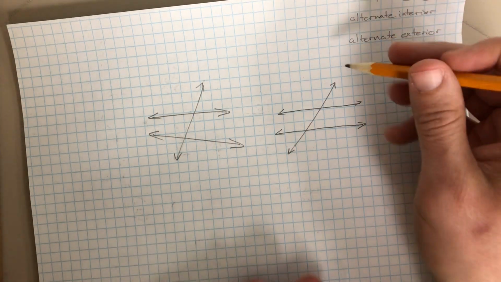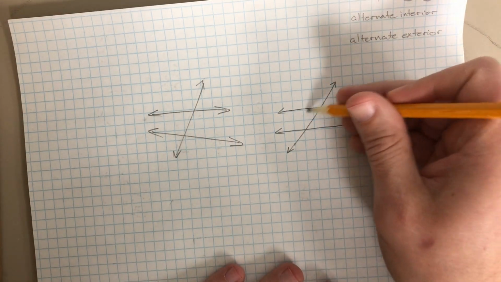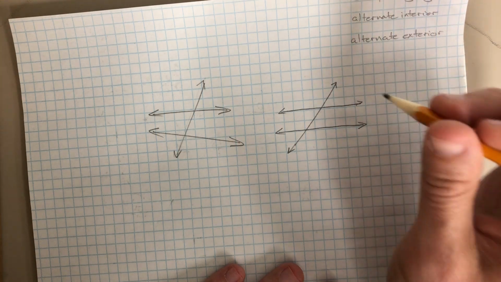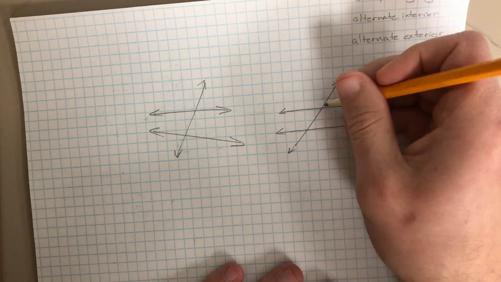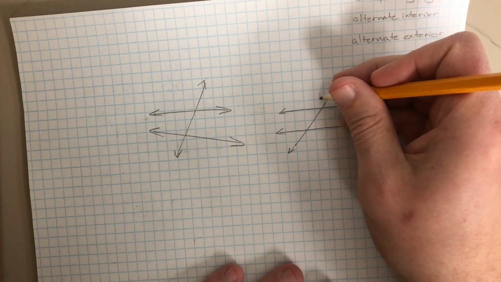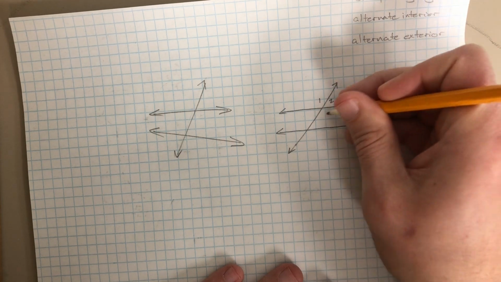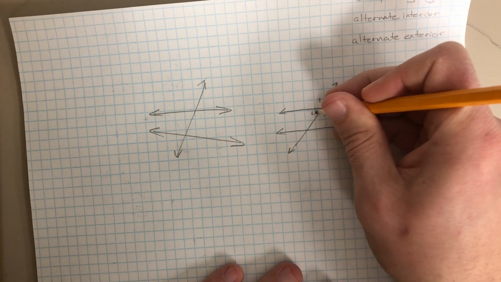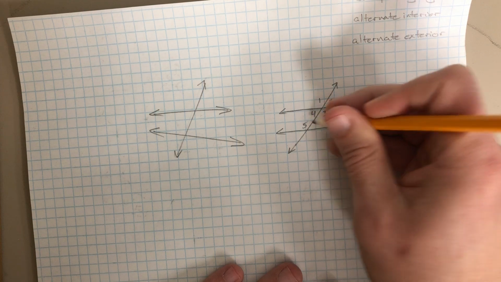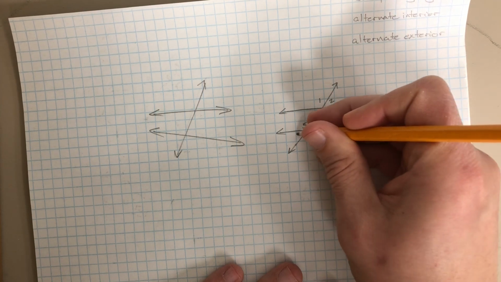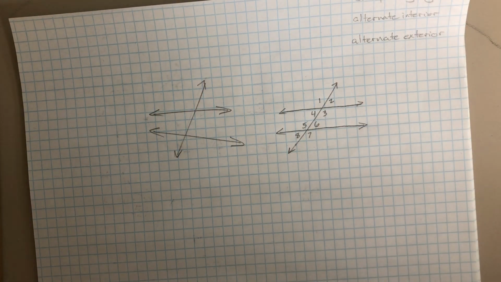Now if I have a transversal that intersects two parallel lines, I have just created 8 unique angles. Angle 1, 2, 3, 4, 5, 6, 7, and 8.